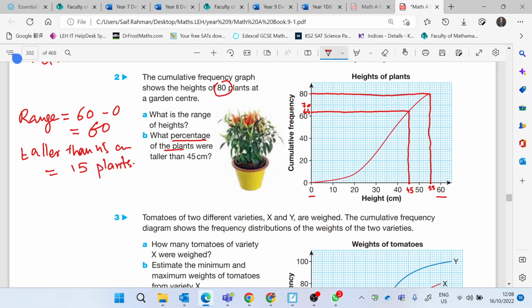So you had total 80 plants and 15 out of the 80 were taller. So you have to see what percentage these 15 are, so that you can calculate by 1500 divided by 80. So that makes, 8 ones are 8.